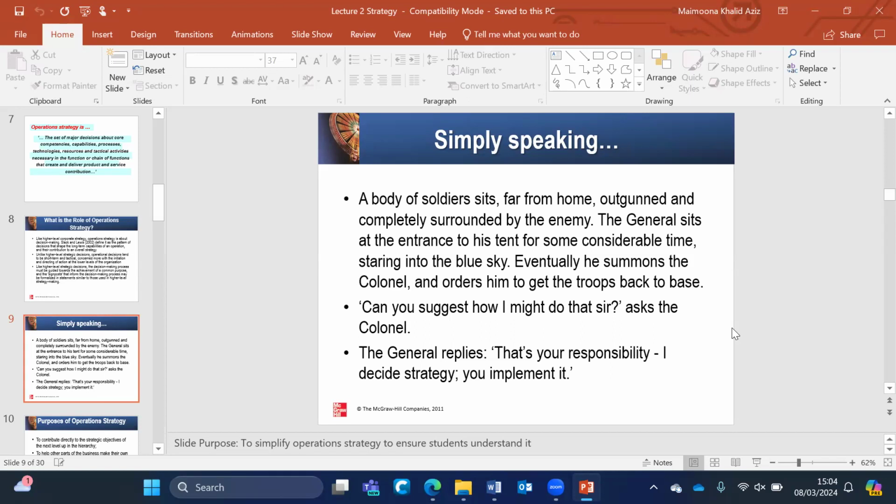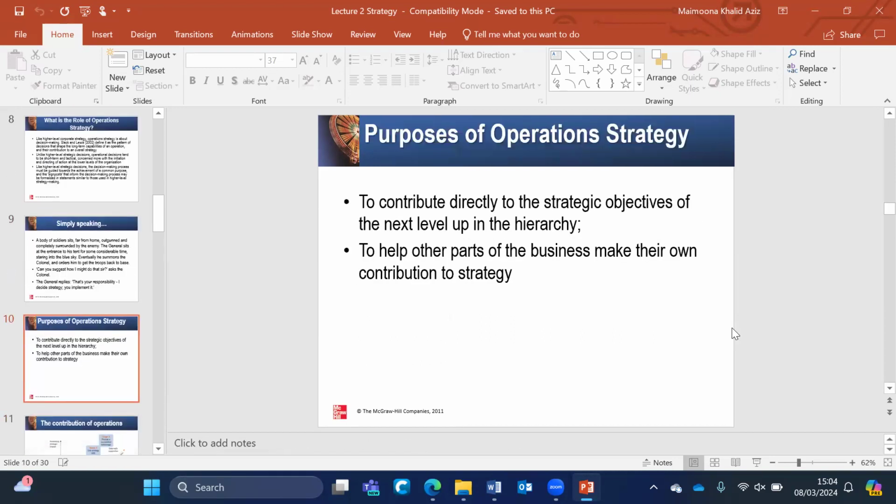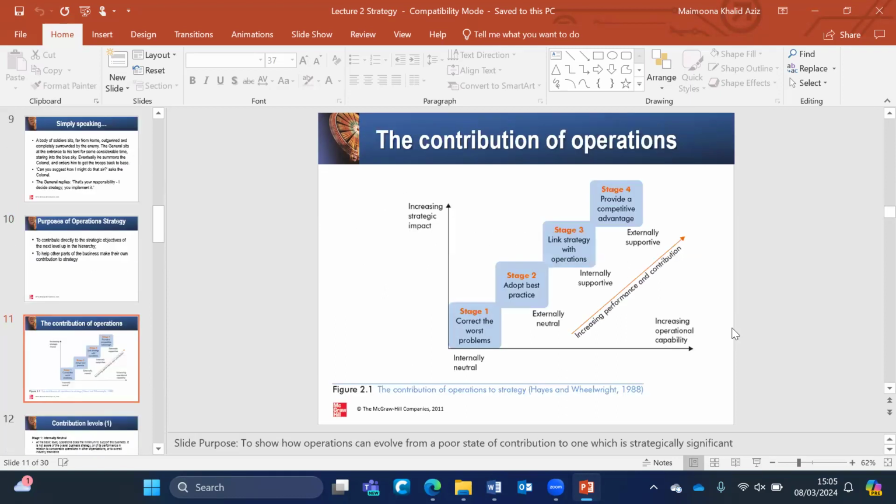I decide the strategy and you implement it. That means the general is the higher level strategy maker, and the colonel is the operations manager. The operations manager has to deal with how to follow through with what the strategy was chosen. The purpose of the strategy is to directly contribute to the strategic objectives and to help other parts of the business have their own contribution to the strategy.